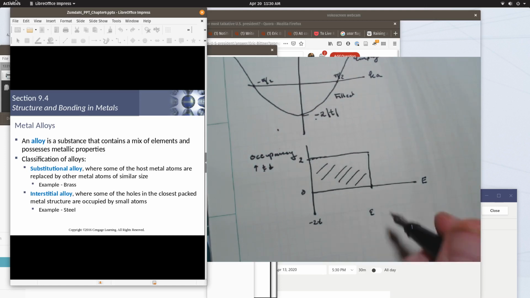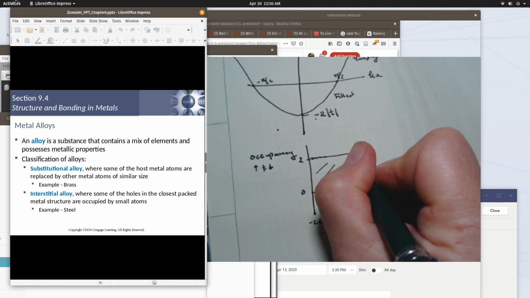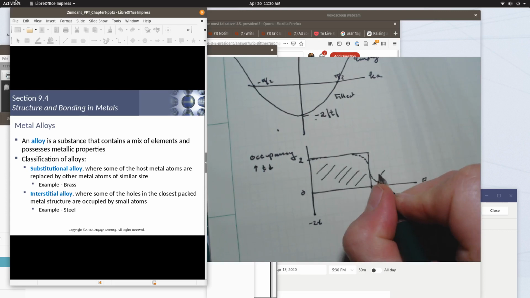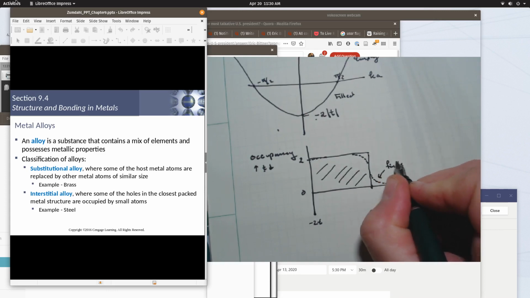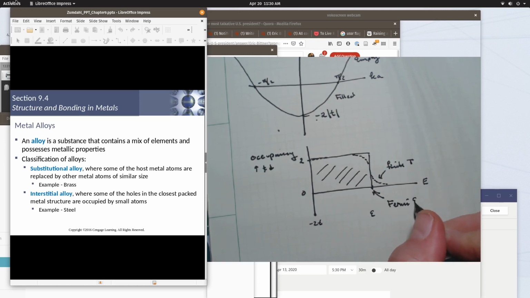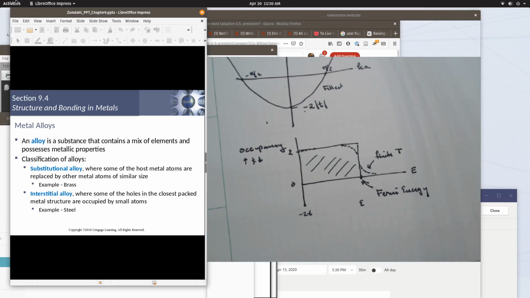Now at finite temperature, what can happen is that this can roll off a little bit, and this can fill in. This is at finite temperature. And this energy, by the way, is called the Fermi energy. That's named after Enrico Fermi, one of the founders of modern atomic theory, modern quantum mechanics, and modern physics.